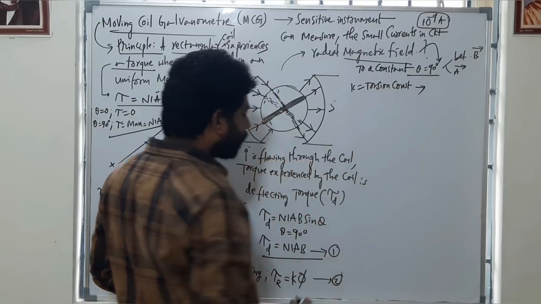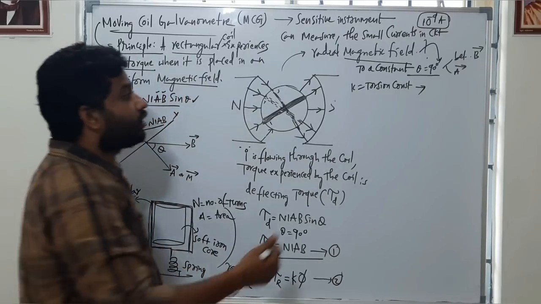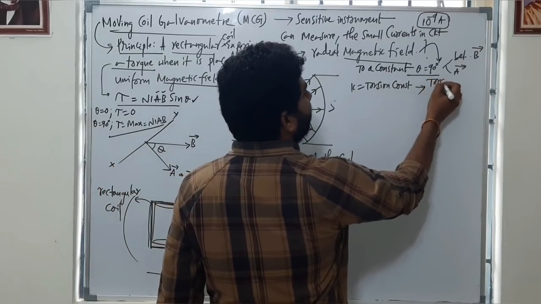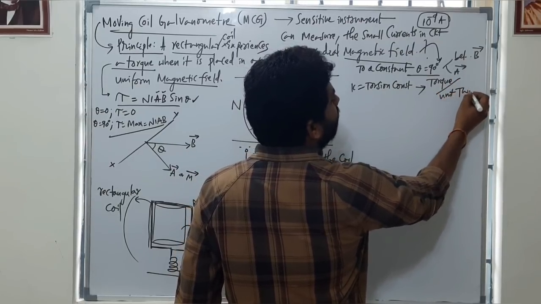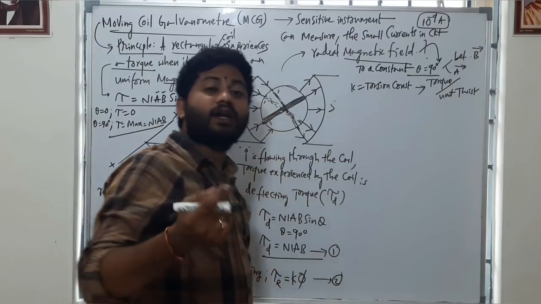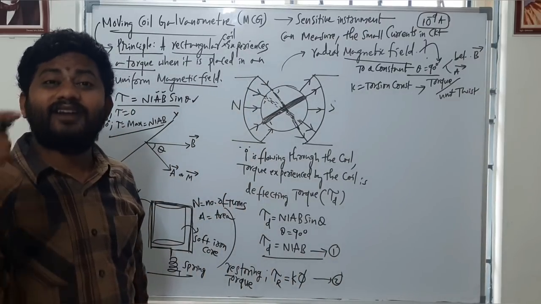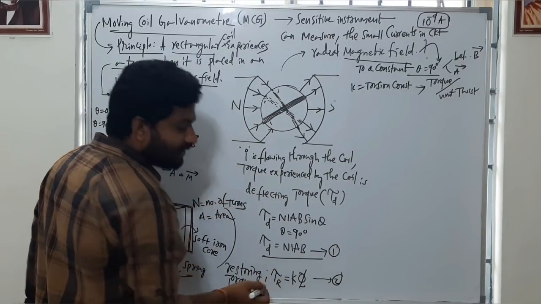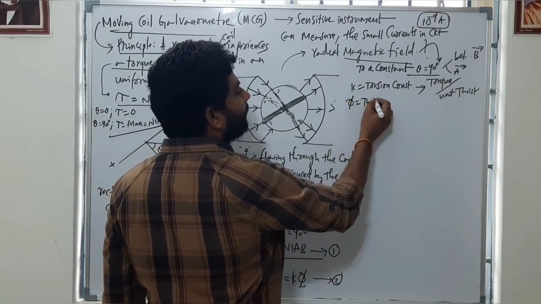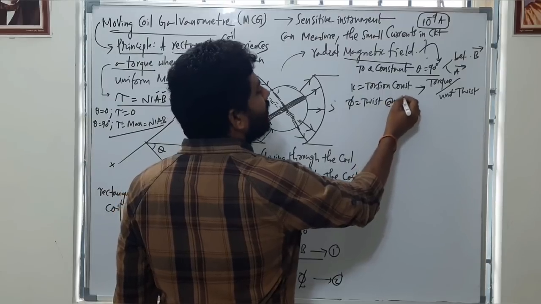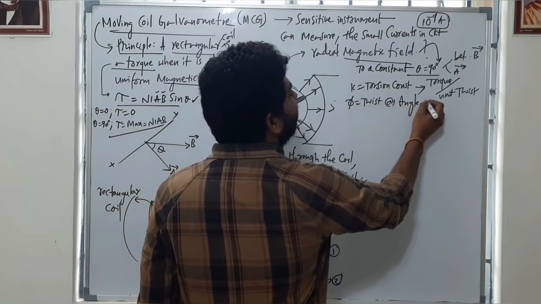What is that? Torsion constant. And this torsion constant can also be written as torque per unit twist. Torque experienced per unit twist. And phi is the twist, or angle of deflection.